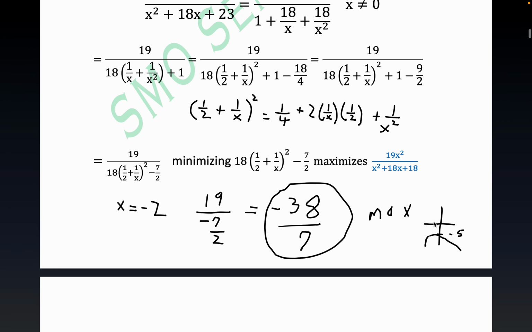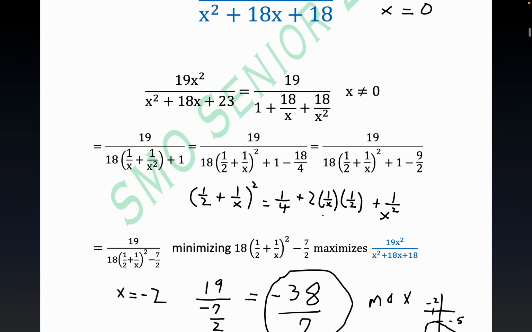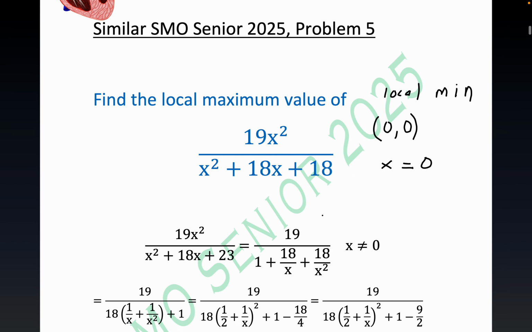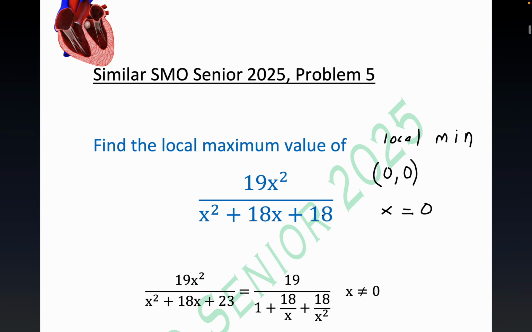Let me write x equals -2 here just to make this slightly more credible. That would be x equals -2 right there, right? And it's as big as it can be somewhere below. I made it look like it's above -5, but it's below -5, right? Since minus 38 over 7 is less than -5. Anyway, y'all, this is the answer. Minus 38 over 7 meets the conditions of the problem without having to use calculus.